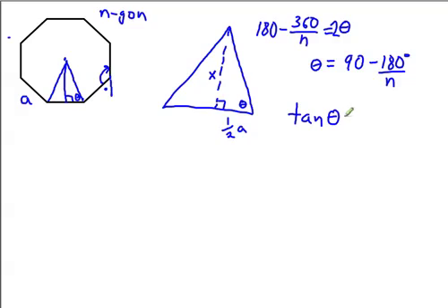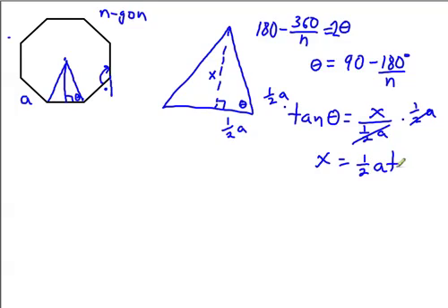Tangent theta equals x divided by half a. So I can multiply both sides by half a, and I get x equals half a tan theta. We'll plug in the value for theta later.